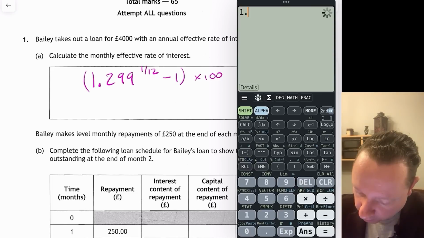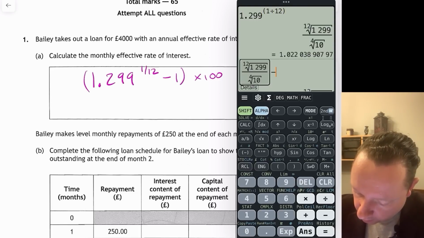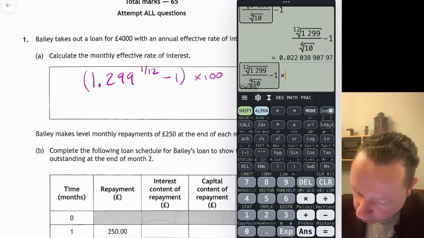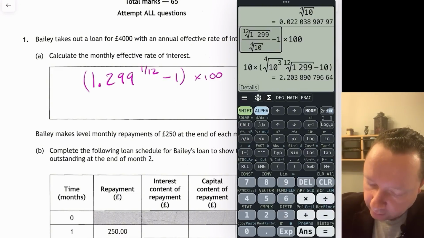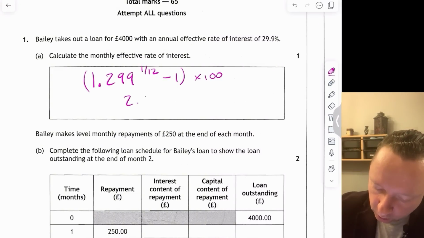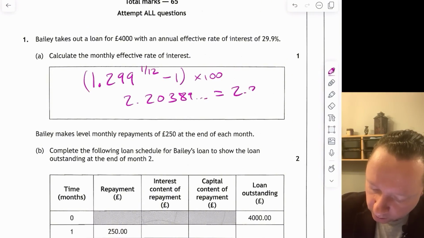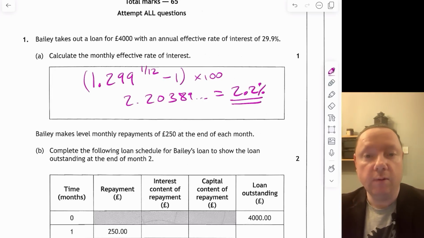So 1.299 to the power of 1 over 12, take away the 1, times 100, and we get 2.20389. A lot of you probably round that to 2.2%, which is what I'll do just to make it easier next time. So there we go.